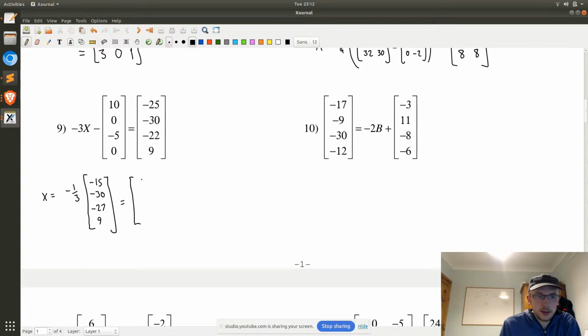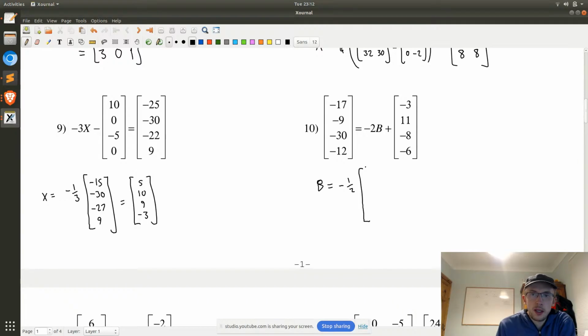Make it clear what you're doing. There. Negative 17 minus 3 is 17 plus 3.